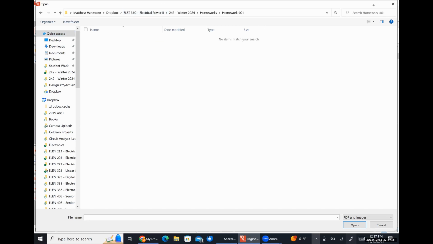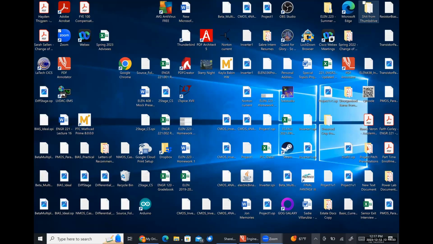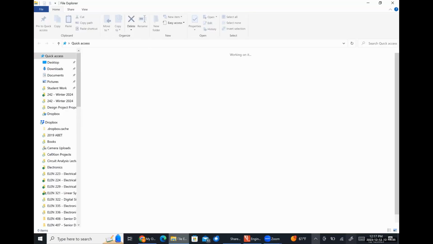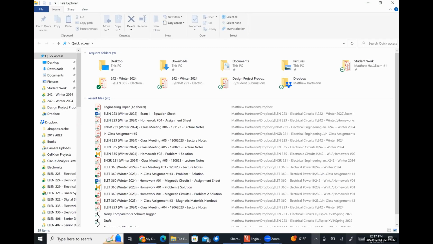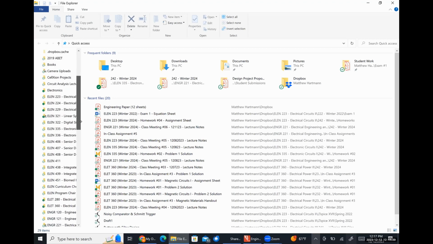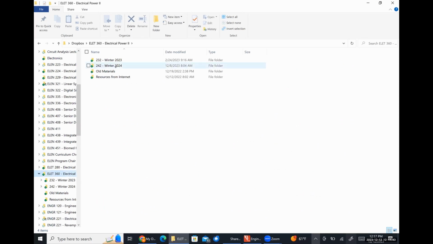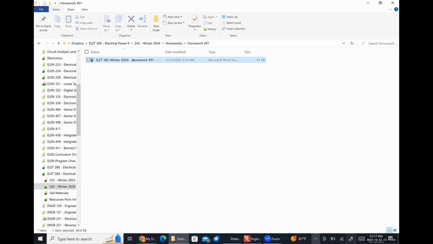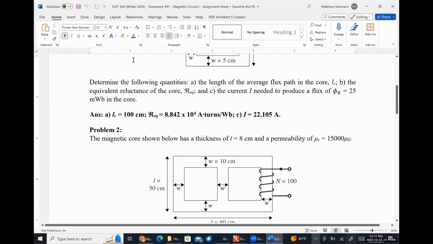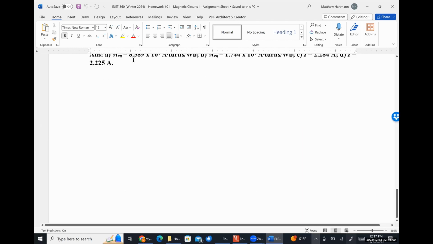That's why I can't find it. Let me open it up in Word or whatever. Open the folder. Go to problem 3.